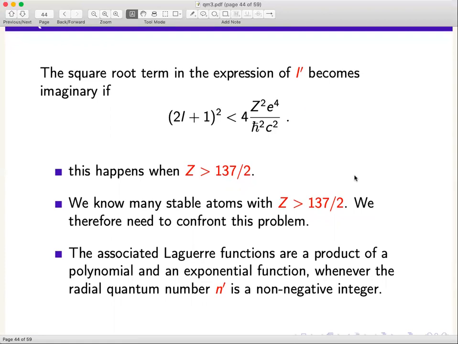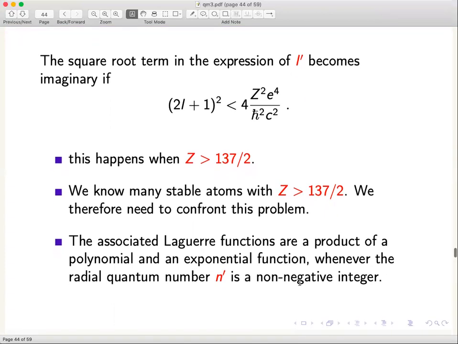Fine. So coming back to the associated Laguerre functions, they are a product of a polynomial and an exponential function. This is the kind of structure you have whenever the radial quantum number n prime is a non-negative integer.